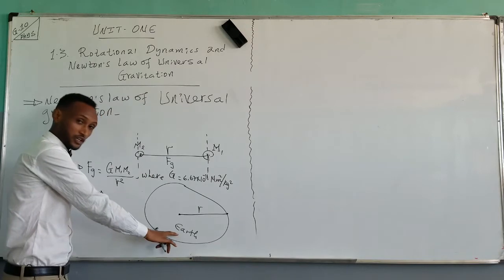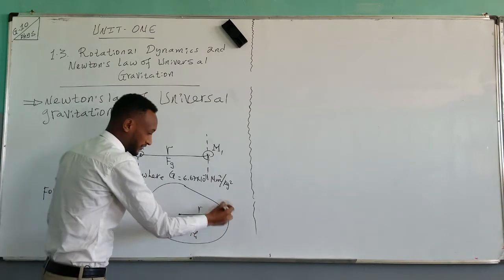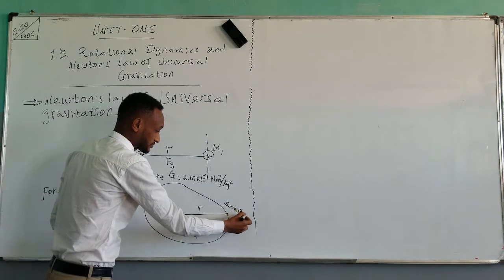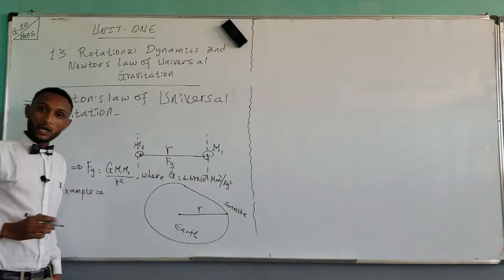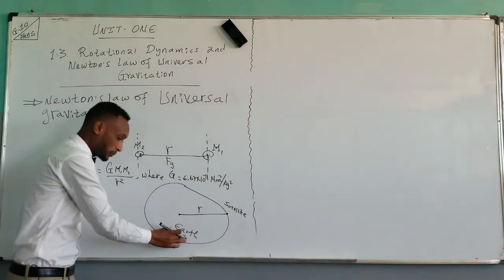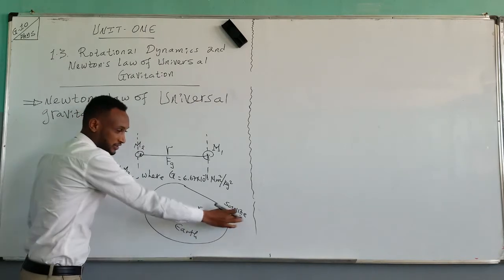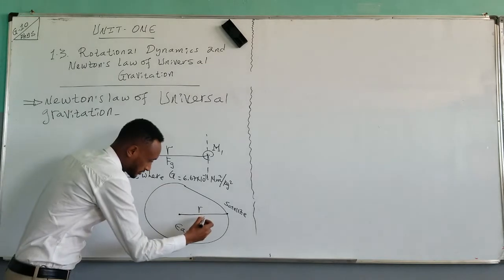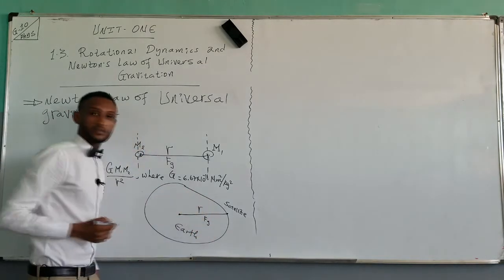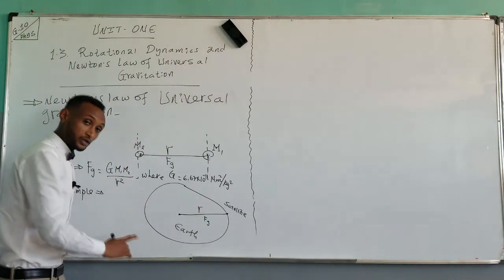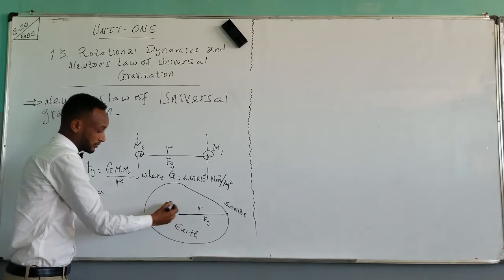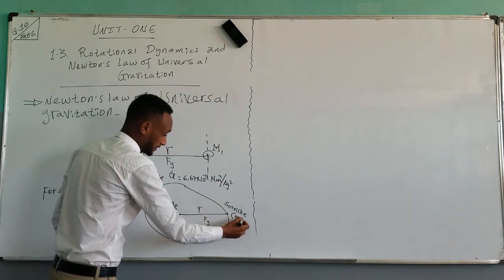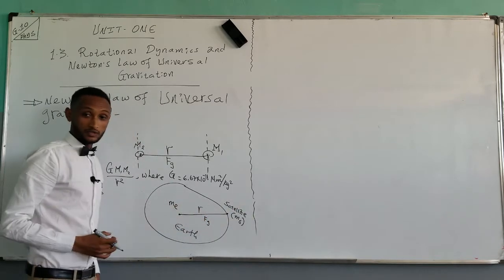If there is a satellite, there is a force between these two massive objects, Earth and the satellite, that attracts them to each other. That is called the gravitational attraction force. The Earth has a mass, the satellite also has a mass, and there is a distance between them.